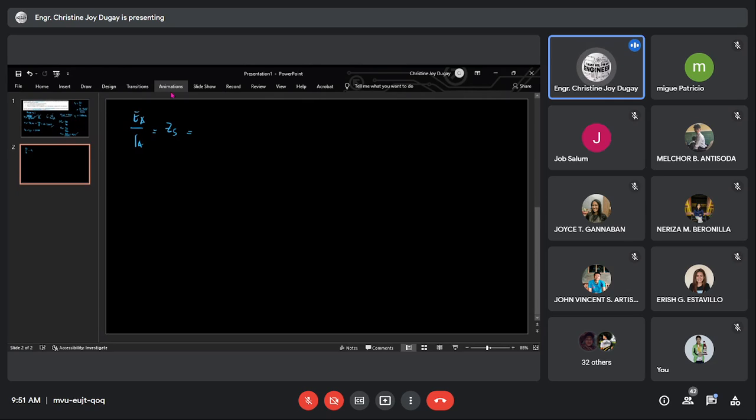Or yung ZS natin that is equal to square root of RA squared plus XS squared, di ba? Pwede din yan.